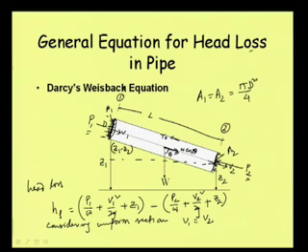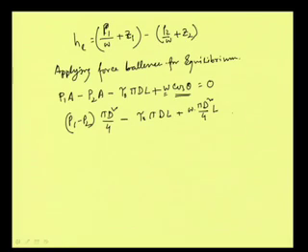This angle, the cos of this angle, is nothing but, with the total length L as the hypotenuse, Z1 minus Z2 divided by L, so we get the cos theta. So, we can write cos theta as Z1 minus Z2 divided by the length, and the whole expression is equal to 0.